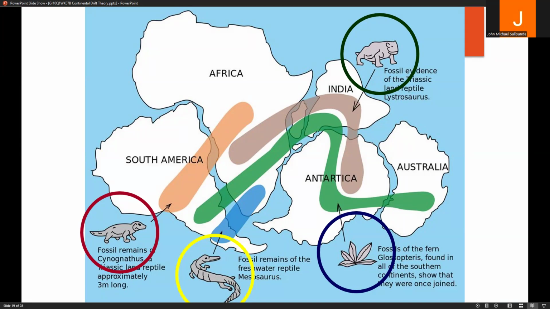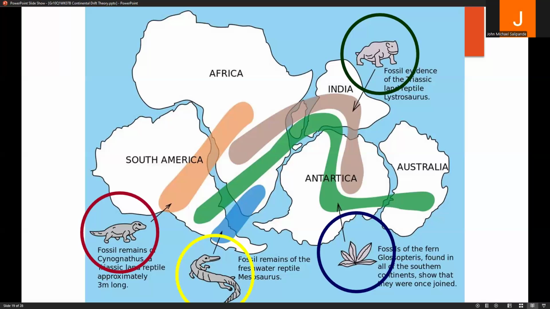So let's look at them one by one. These five continents, South America, Africa, India, Antarctica, and Australia, nowadays they're separated from each other. But Wegener and some of the researchers and the scientists that came after him, and even probably before him, were able to locate species of some animals in some continents. So let's start with Cynognathus.